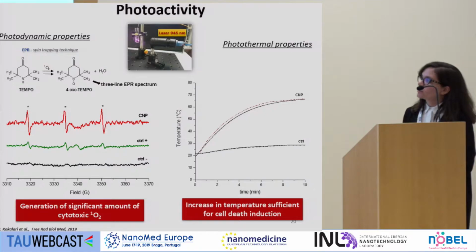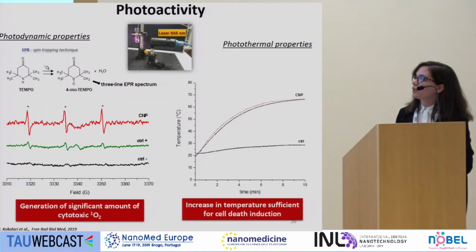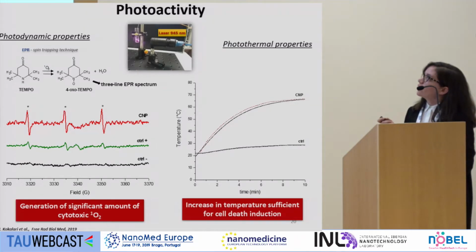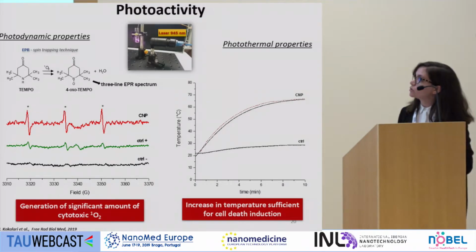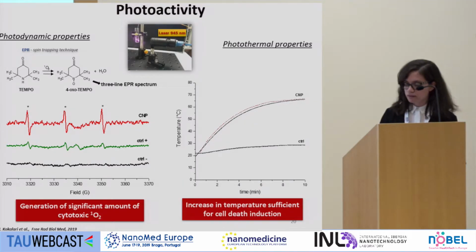We found that nanoparticles are able to generate a significant amount of cytotoxic singlet oxygen, even higher in comparison with the positive control, which was a sample of functionalized fullerene. On the other hand, following NIR irradiation, the nanoparticles are able to increase the temperature of the suspension, which reaches a value sufficient for cell death induction.